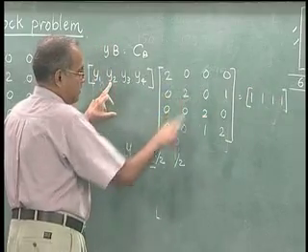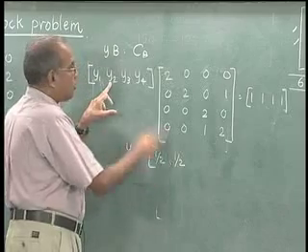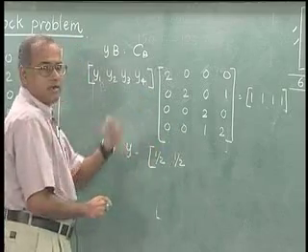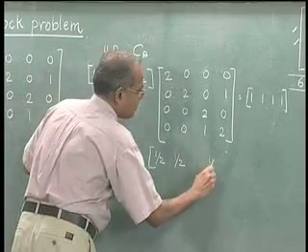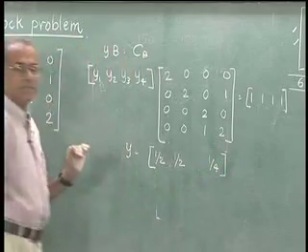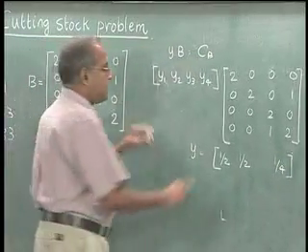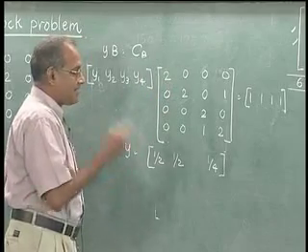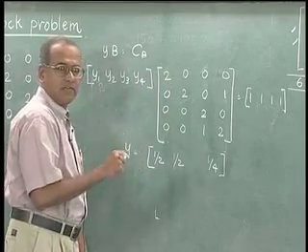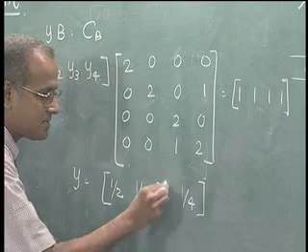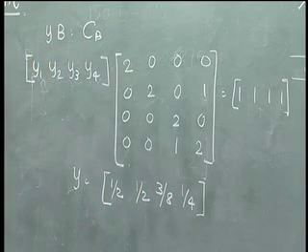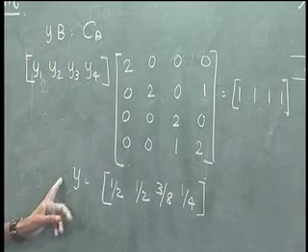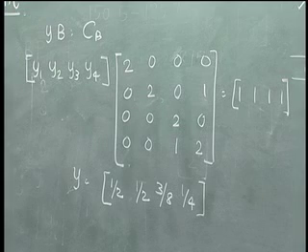So, 1y2 will take half. So, 2y4 is equal to half. So, y4 will be 1 by 4, and from the third one 2y3 plus y4 is equal to 1. So, 2y3 is equal to 3 by 4. So, y3 is 3 by 8. So, this is the value of the dual. So, half, half, 3 by 8 and 1 by 4 is the value of the dual.